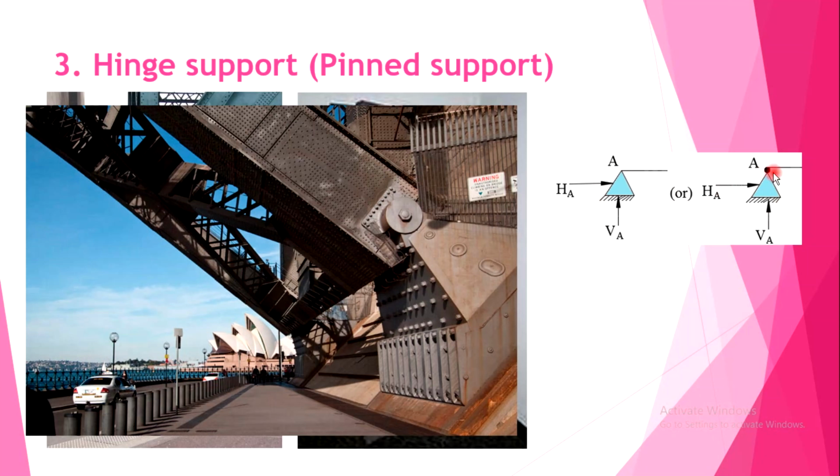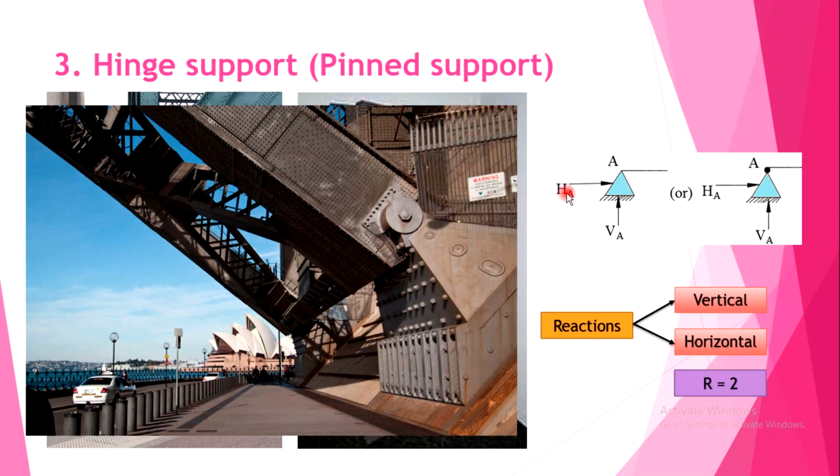This type of support will allow rotation, but it will restrict horizontal movement and vertical movement. So we have a horizontal reaction and a vertical reaction. So R is equal to 2. Reactions are 2 for the hinge support.